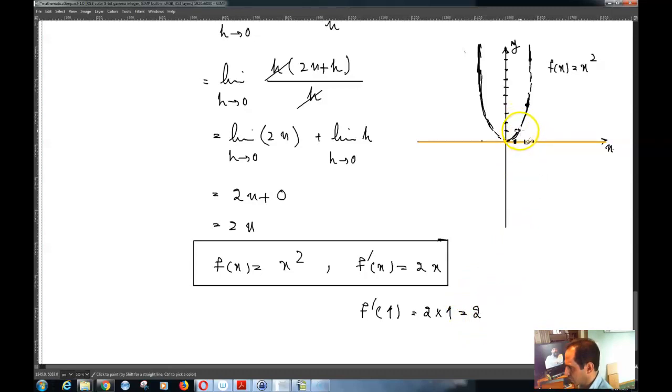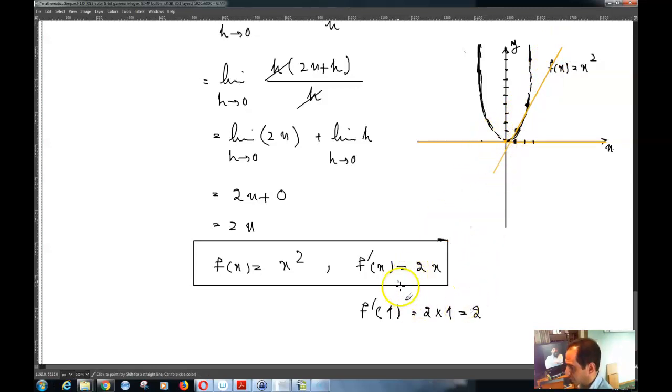So you would get some point over here, 1 and 2 somewhere over here, so you would get some line like this.